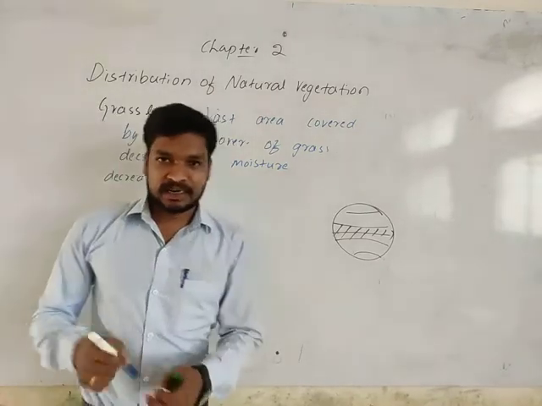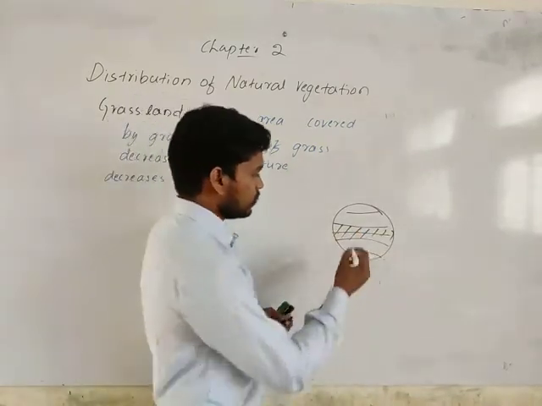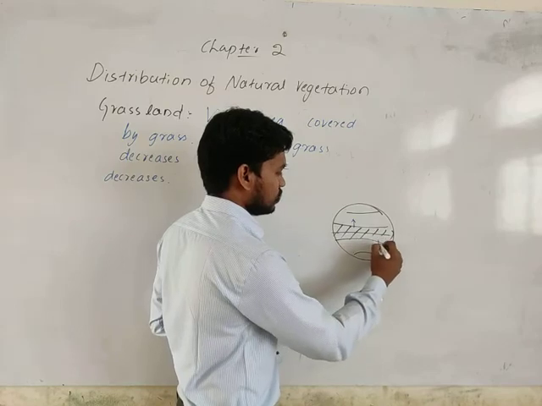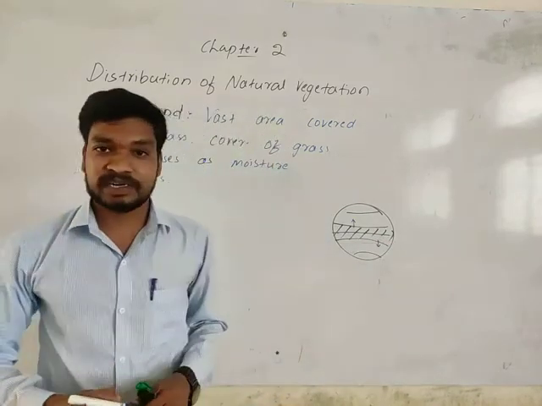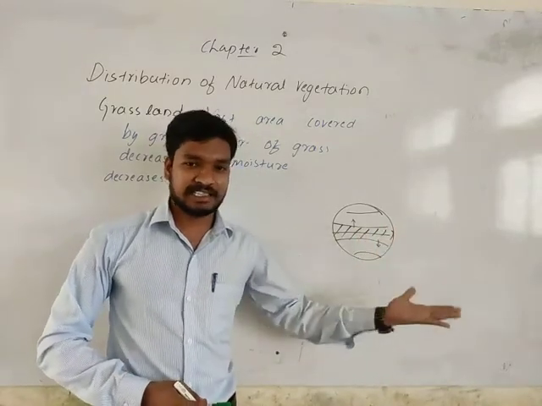Area by area, as the moisture decreases. Suppose as you go towards the northern direction from this tropical region, and likewise as you go towards the southern direction, the moisture availability decreases gradually.